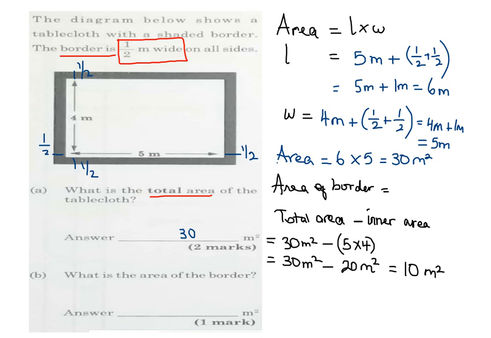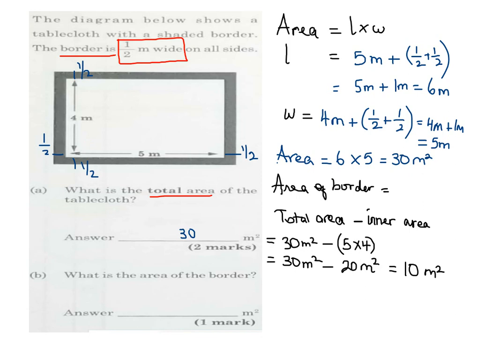So in my opinion, this is the easier way, simply because we already knew what was the total area of the entire rectangle, the entire tablecloth. And we also know the portion of the tablecloth that is confined within the border itself. So instead of trying to find the area of this rectangle and that rectangle and that rectangle and then that rectangle and adding it all together, that way is the easier way.